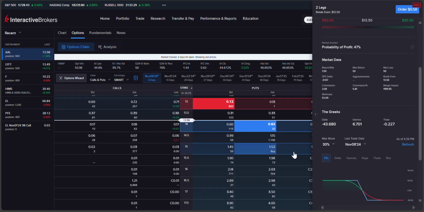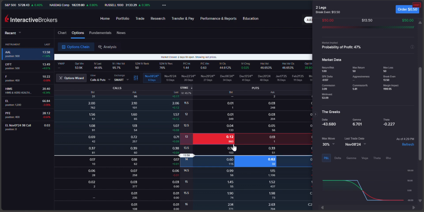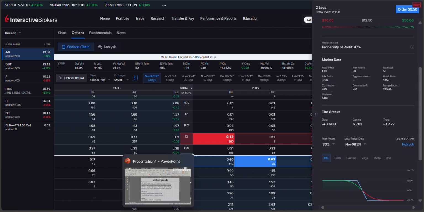But if the trade goes against you, both options expire worthless, and so you received 12 cents and you paid 62 cents per each of these options, so they simply expire worthless, and you lose the difference. And so this is how the vertical spreads work.